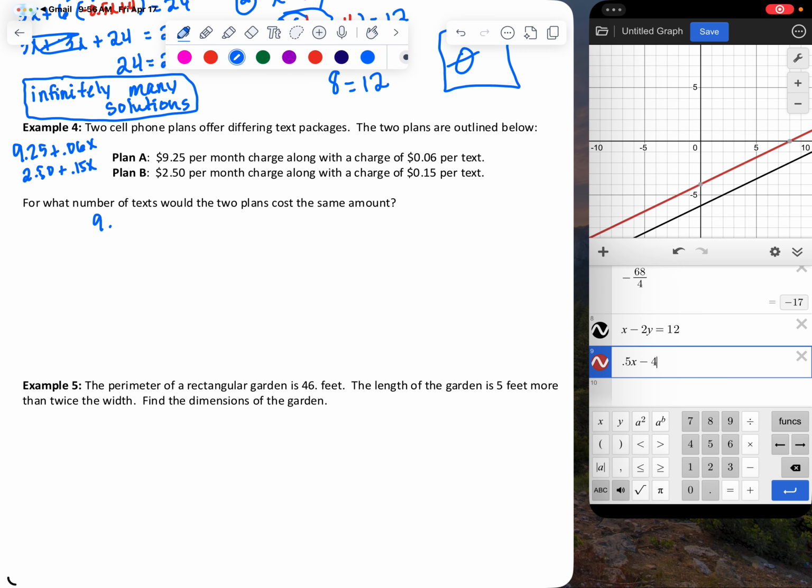So I want Plan A to equal Plan B. So I'm going to take the equation for Plan A, 9.25 plus 0.06x, and make it equal to Plan B, which was $2.50 plus 0.15x. And I'm going to solve this equation by getting all the variables on one side and all the numbers on the other. So let's start with the variables.